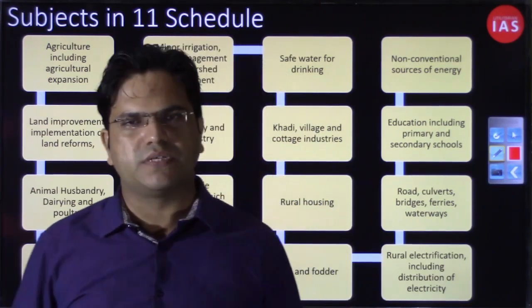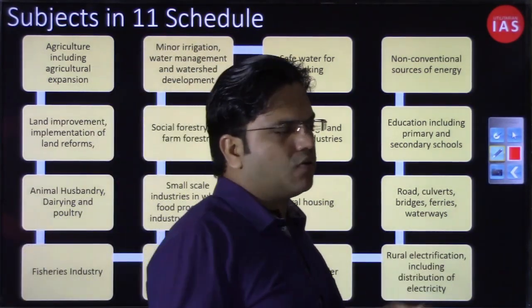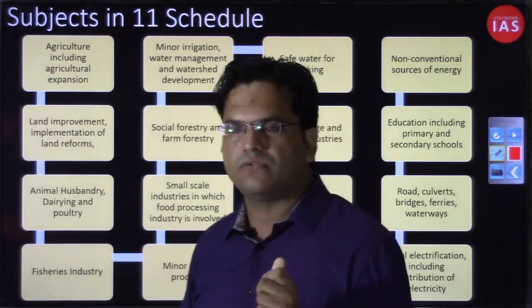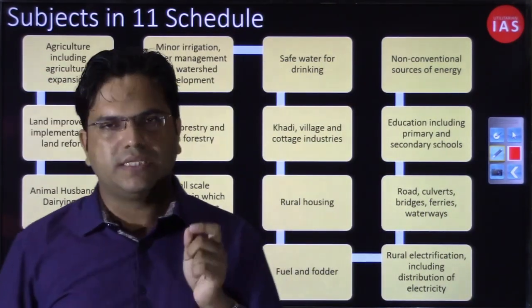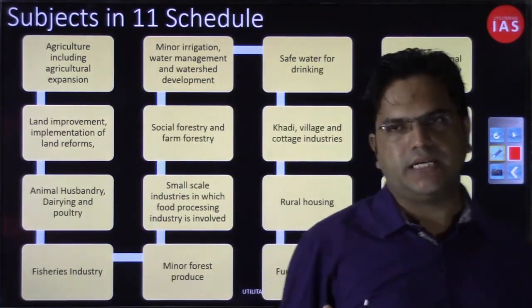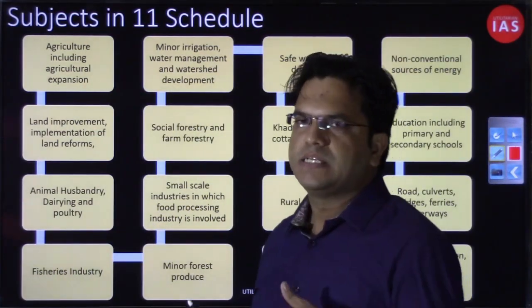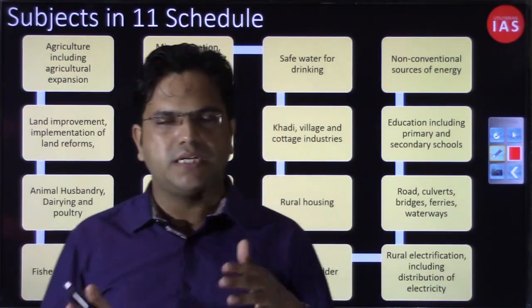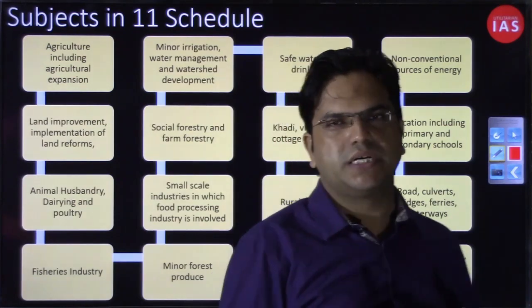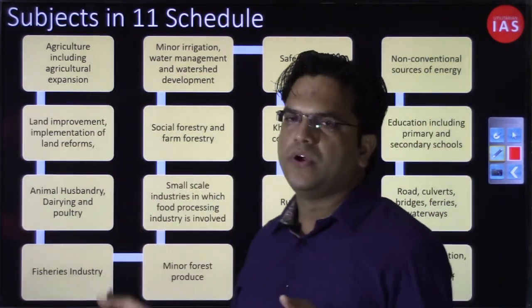But with the arrival of the 73rd Constitutional Amendment, and mind you, I am choosing my words very carefully, the Constitution envisioned that on all these 29 items the state should discharge its responsibility and these subjects should be transferred to the Panchayati Raj institutions, which should take care of all these functions.